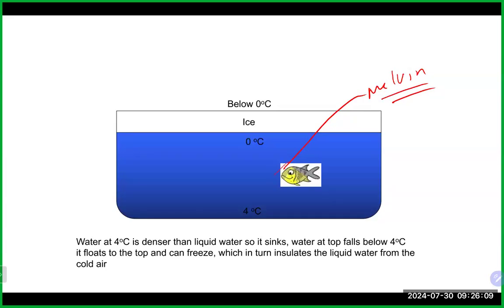It's just an old clip art. He's not really floating around in an ice cube. He's swimming here. The warmer 4 degrees water will go to the bottom. The colder 0 degrees water will go to the top. Again, creating this ice up on top, freezing the top part of the water, but insulating the bottom from freezing as well.